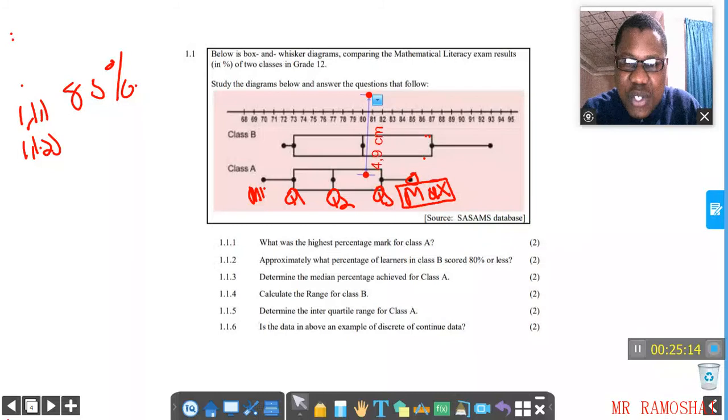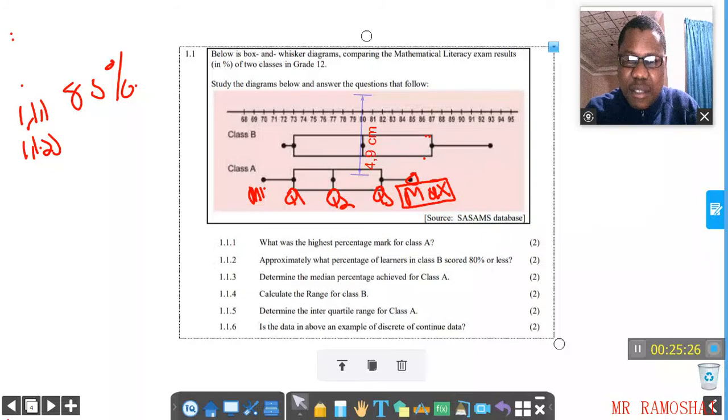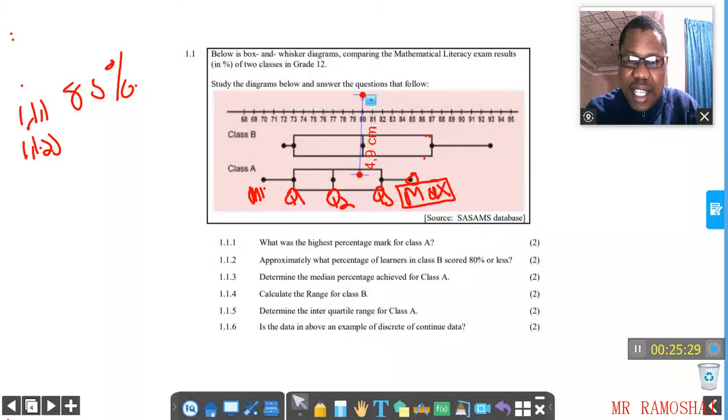So here is the 80%. But 80%, we can see that the 80% now, it is yes. Now you see.